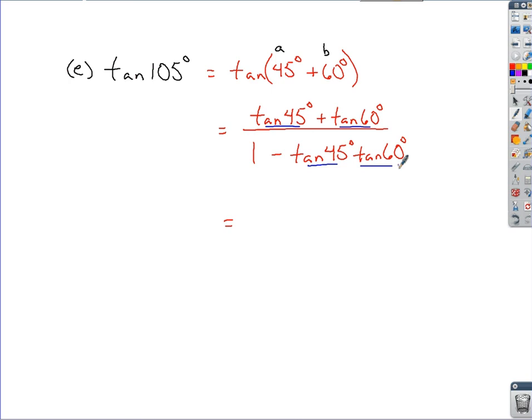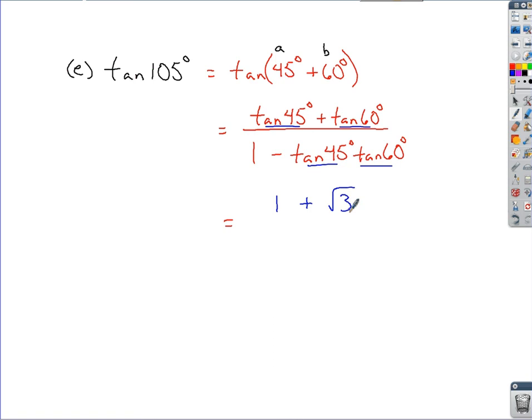Adjacent is 1. So the tangent of 45 is 1 over 1, which is 1. Plus tangent of 60. Opposite 60 is root 3. Adjacent is 1. So root 3 over 1, get root 3.